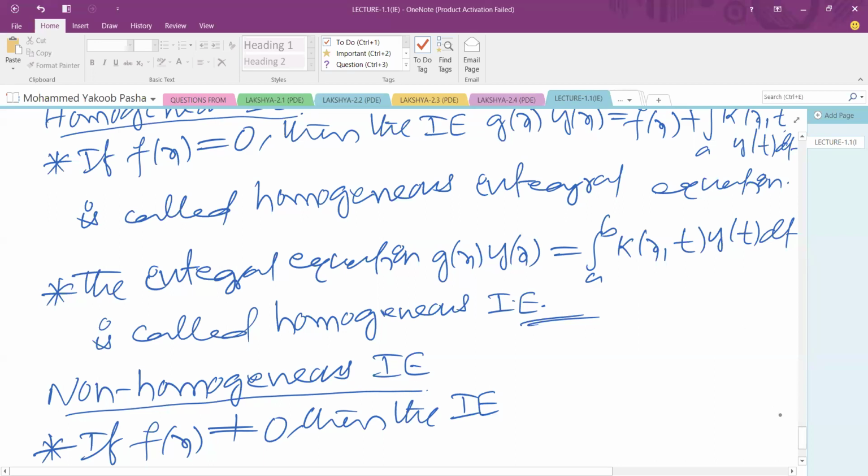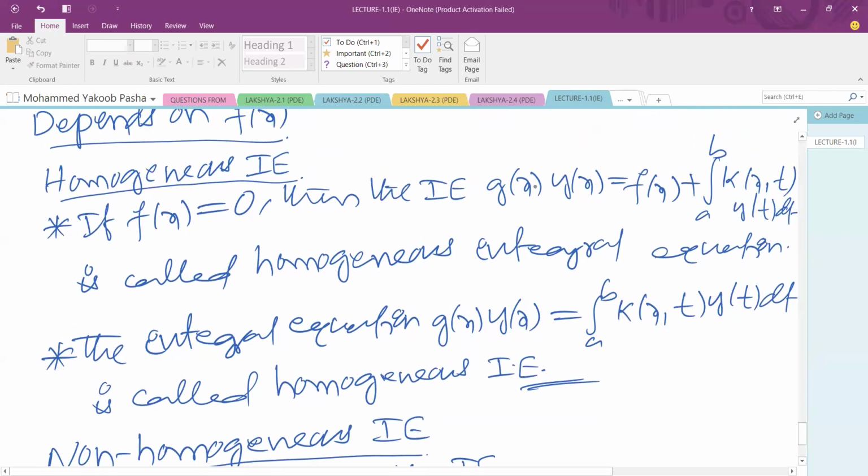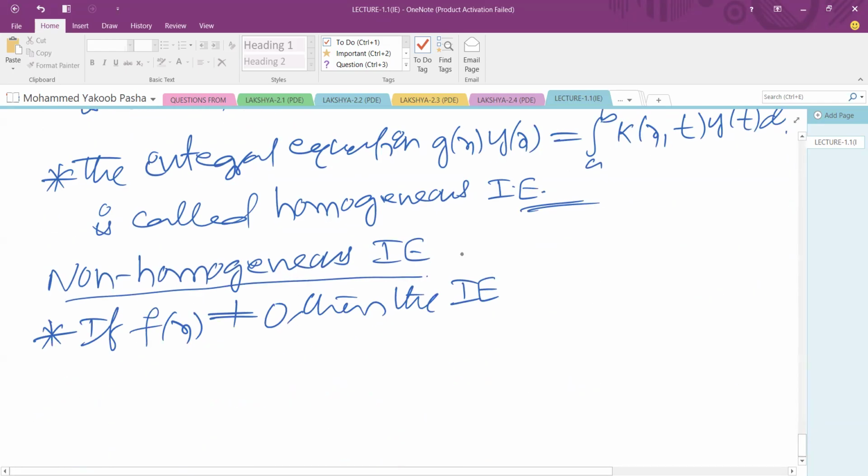This is the general form: g of x into y of x is equal to f of x, where f of x is some function. It may be any function.